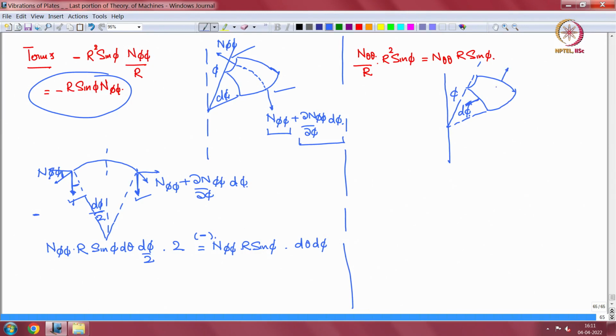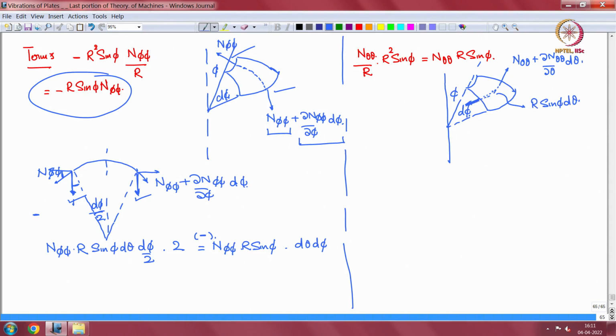Okay, and this length, this is n theta theta plus del n theta theta by del theta d theta, and this last time we saw is approximately r sine phi d theta.